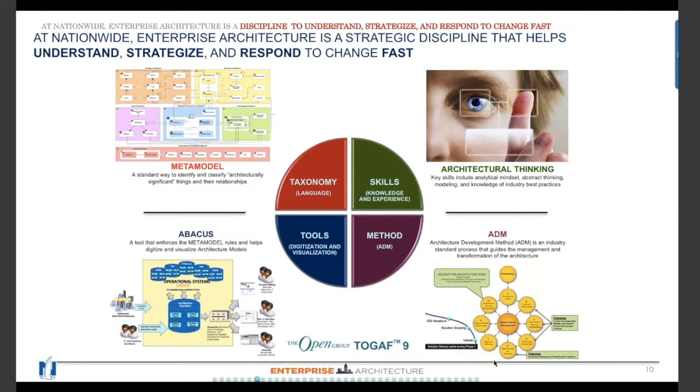Now, the way we do this is really based on four key foundational capabilities that are required for us to enable all of these at Nationwide. Number one is the Metamodel, which is central to Nationwide, specifically given our different portfolios of business and different portfolios of IT. We needed to have a common language to describe our enterprise.